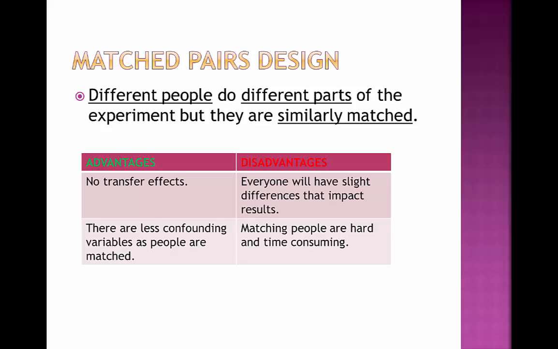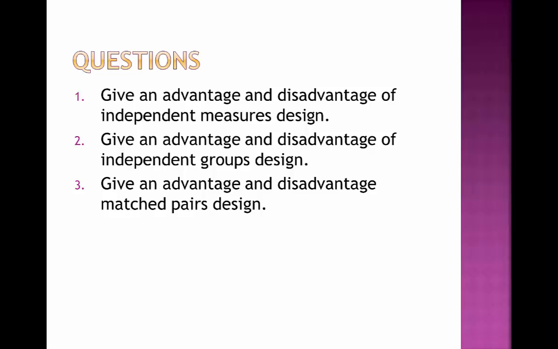You can't compare them perfectly because they're not the same person. Also, another disadvantage is that matching people is hard and time consuming and can also be expensive. So if you want to carry out a quick piece of research, it may not be the right research design for you.